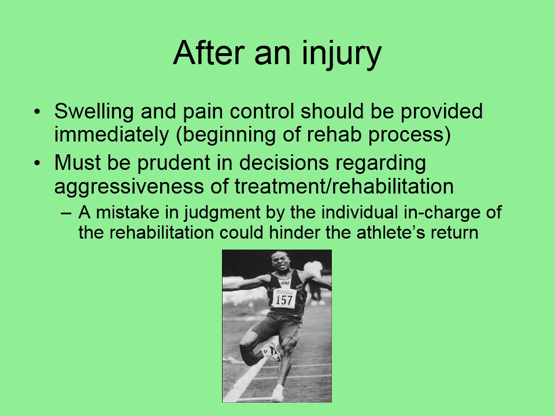He knew he had a stress fracture in his tibia, but because he wanted to qualify for trials, he chose to compete anyways. As you can see there, he caused a complete fracture in his tibia. The individuals in charge at that time should have withheld him from competition.